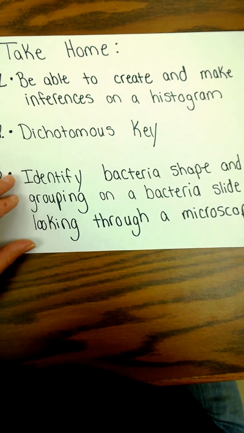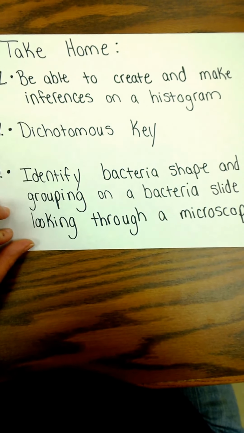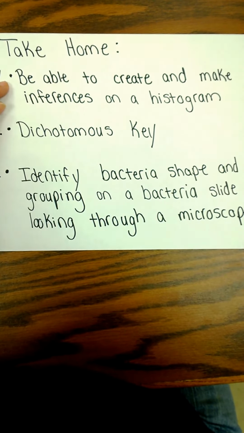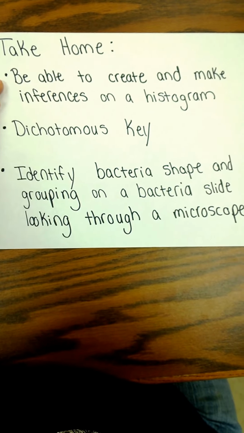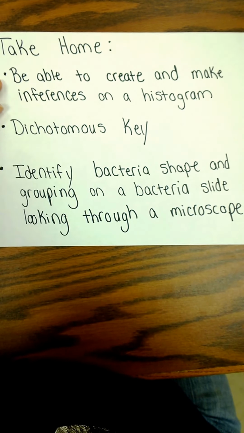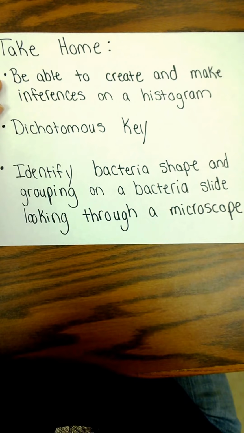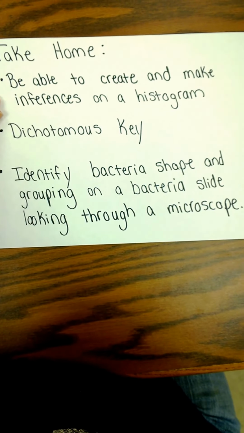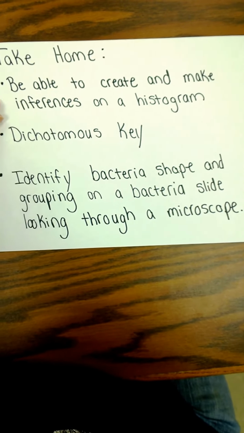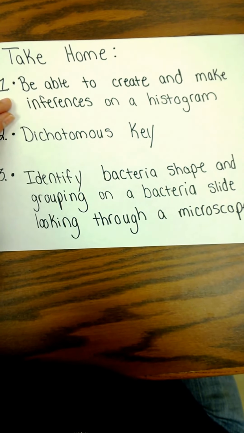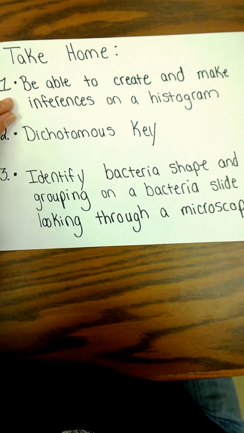The take-home message from this lab should be: 1. Be able to create and make inferences on a histogram. So not only do you need to be able to create these graphs, you need to be able to tell me, what do those graphs say? What can you see? Is there a pattern in that graph?